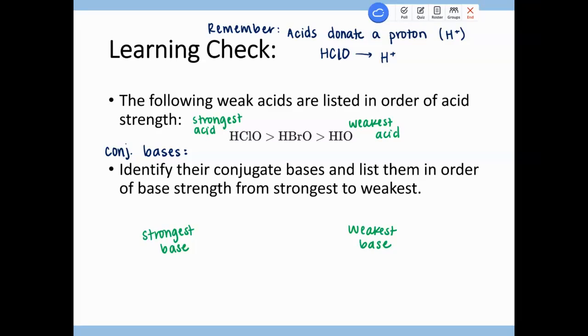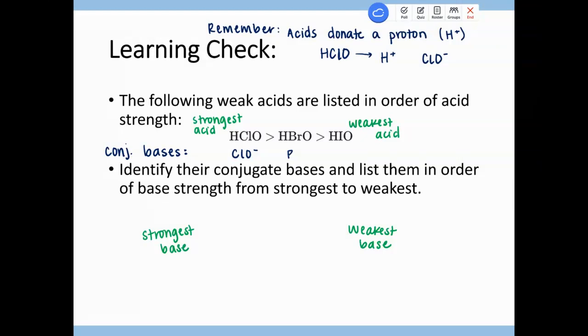Well, if it lost an H+, then we still have ClO-. It separates into H+ and ClO-. The H+ will be picked up by whatever base is present, and then the ClO- is the conjugate base. We balance out the charge, so if it's neutral first and it loses an H+, then we have a ClO- left over.